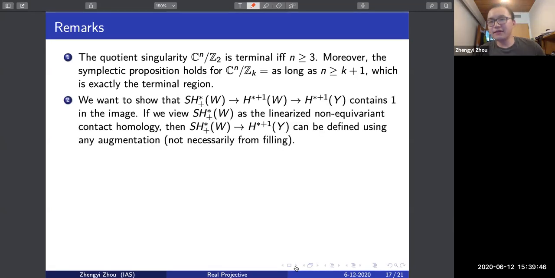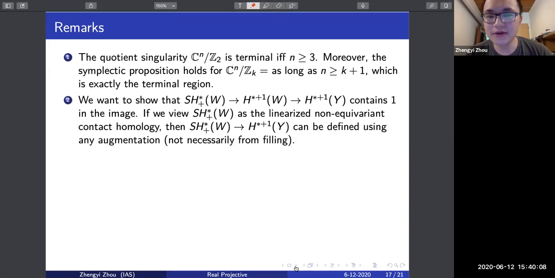Okay, and if we look at the proof, what we actually show is we look at the map from the positive symplectic cohomology, the connecting map from positive symplectic cohomology to the filling, and then I restrict to the boundary. I consider this composition and understand whether 1 is in the image of this composition.